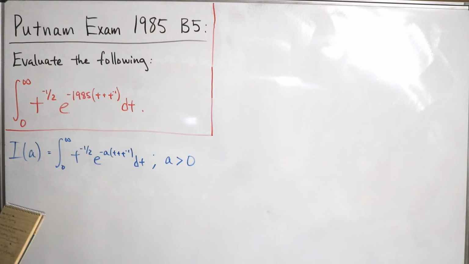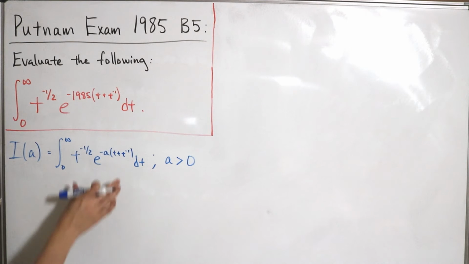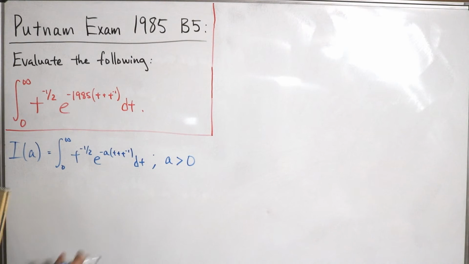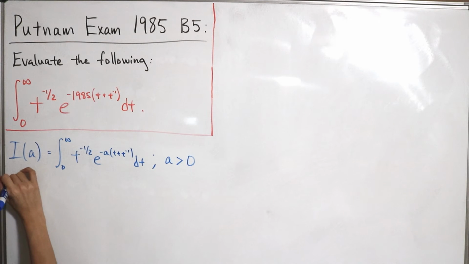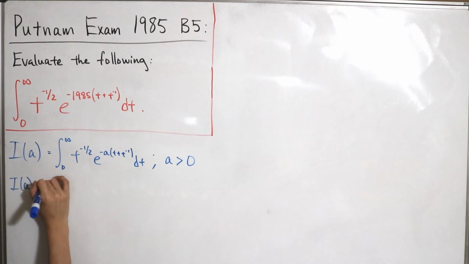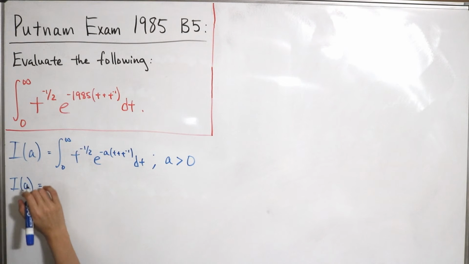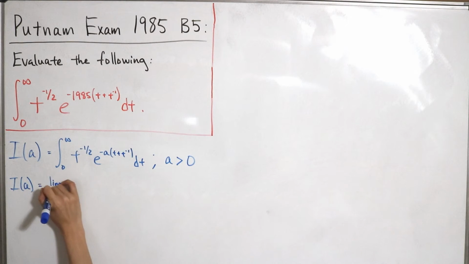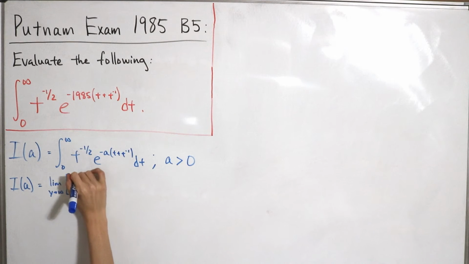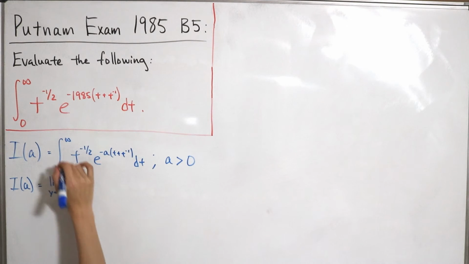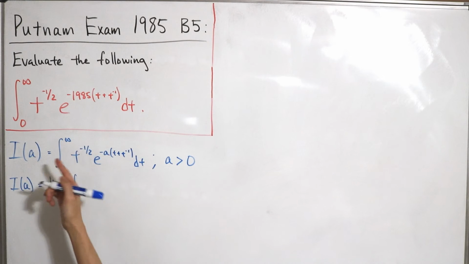And so with this, we can not only break this up into a sum of integrals, but actually take it into the limit as well. So here we would have I of a, and we're going to let the limit as y approaches infinity. So if we break this up, we're going to have the integral from, so this is again doing this in terms of the limits.